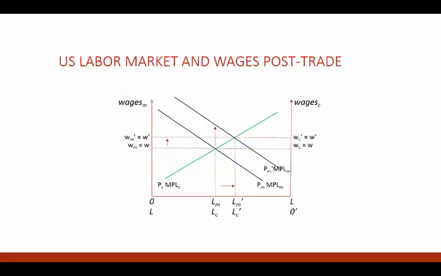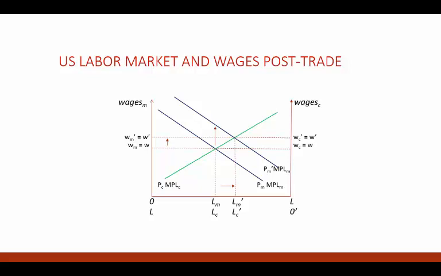This is depicted graphically as follows. Given the US labor market as before, trade causes the machine demand for labor function to shift out to the right, reflecting an increase in the price of machines. The cloth demand for labor stays the same as assumed, since the price of cloth stays the same.